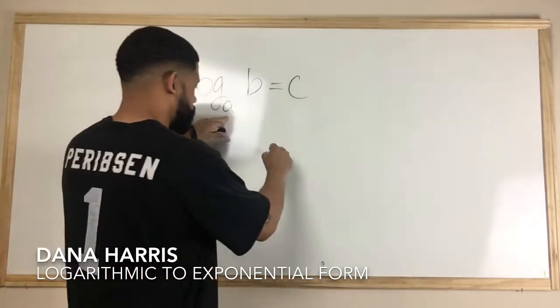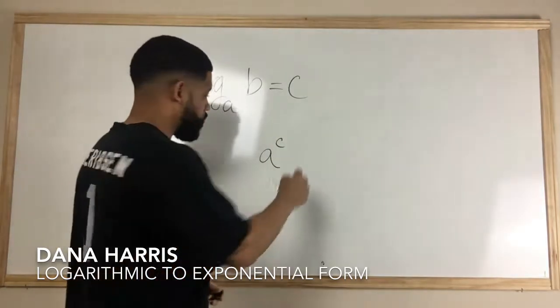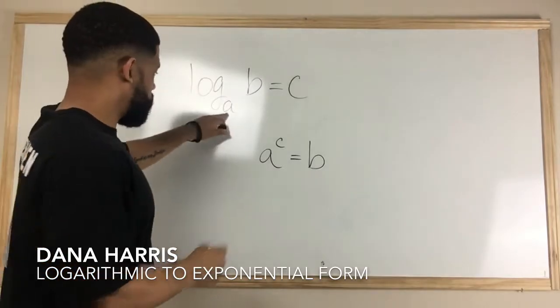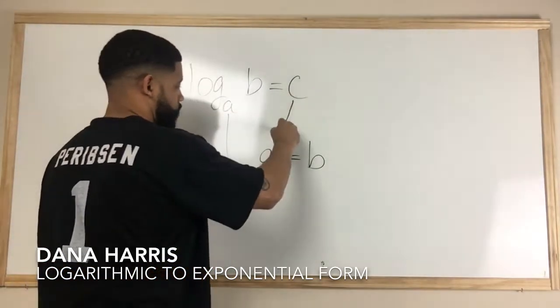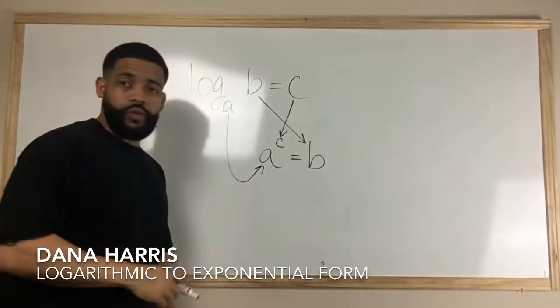So this is going to be our base, A, and then it's going to be to the C power equals B. Okay? So this is our base, so boom, that's the base. That's going to be your exponent, and that is going to be what it's equal to.